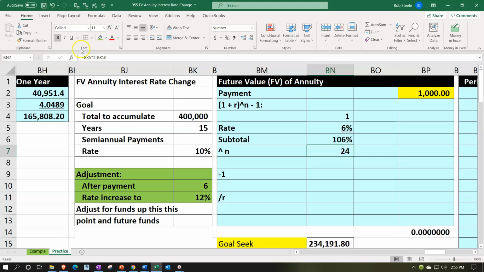I'm going to go to the home tab font and underline that. This is then going to be equal to that 1.06 to the power of 24, adding decimals, home tab numbers, decimalizing it, minus 1, underlining that, home tab font, underline. I missed the underline. It didn't do it. And then this is going to be equal to the 4.04, so on, minus 1, adding decimals, home tab numbers, decimalizing that.